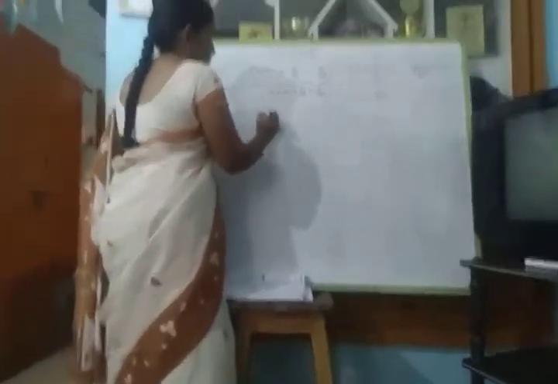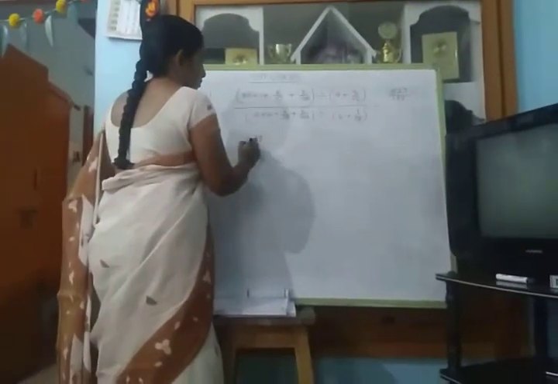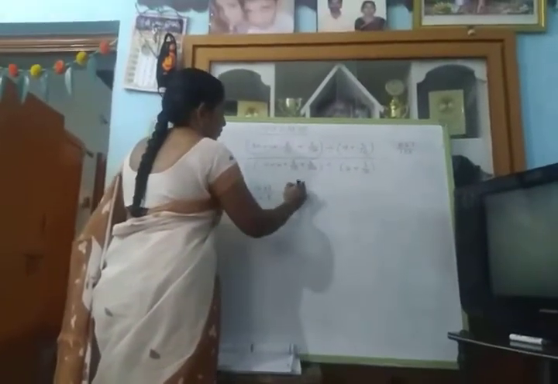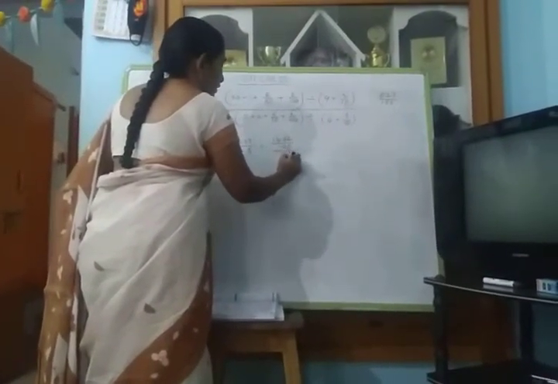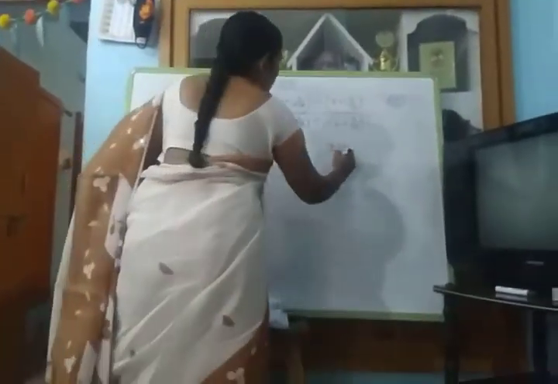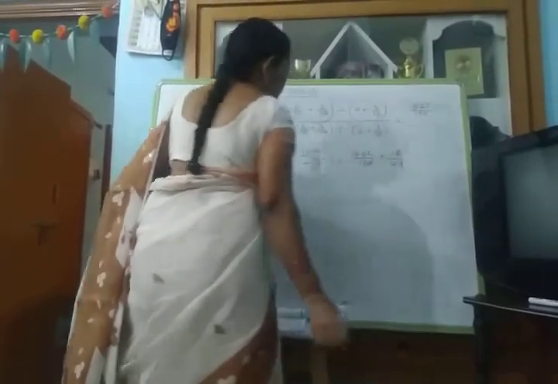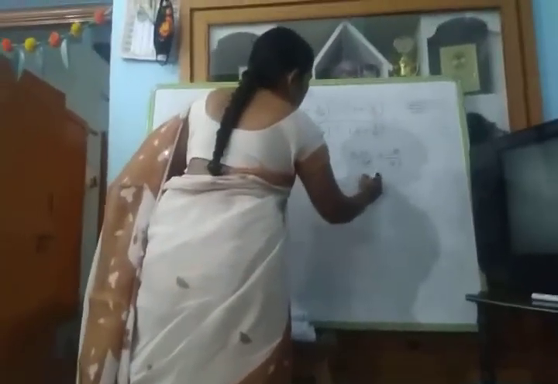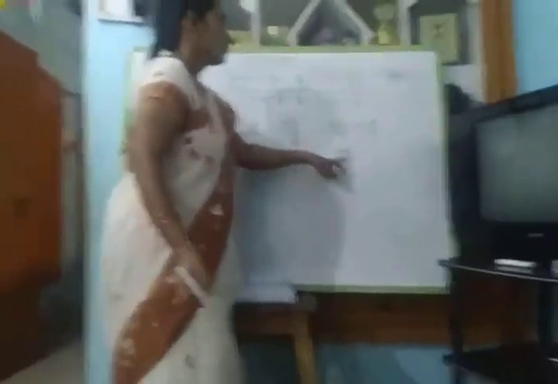Next, observe the denominator: 14.62 by 4.3. You get 1462 by 100 by 43 by 10. So 1462 by 100 into 10 by 43, which is 1462 by 430, since 43 into 10 is 430.